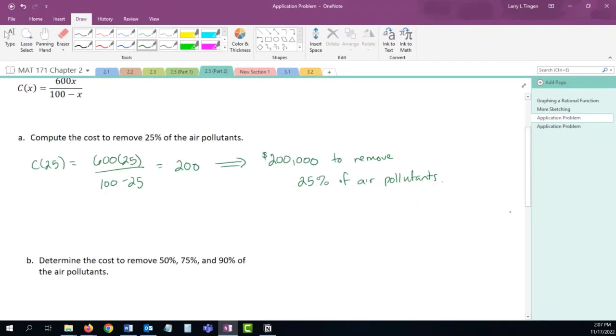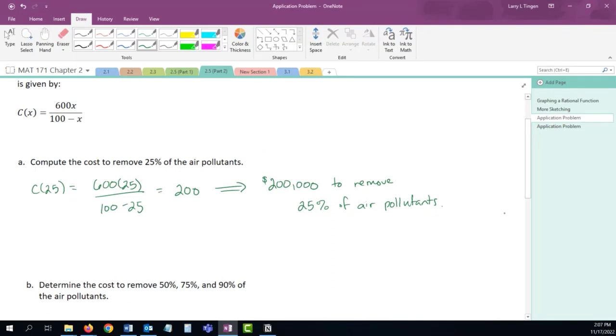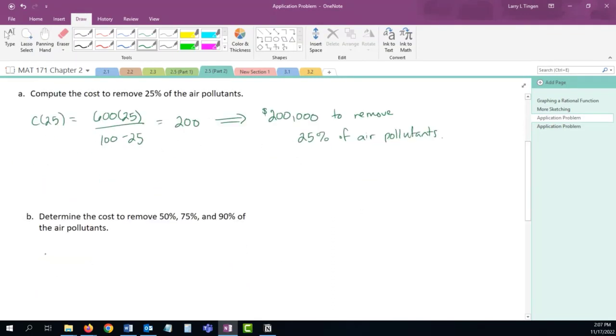That's great if your function is linear, but this is not linear. It's rational. So what's going to happen as the percent goes up? Well, because X is messing with the numerator and the denominator, this is not going to work in a linear fashion.